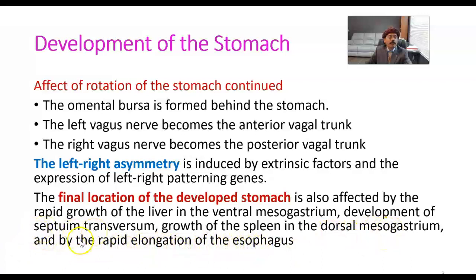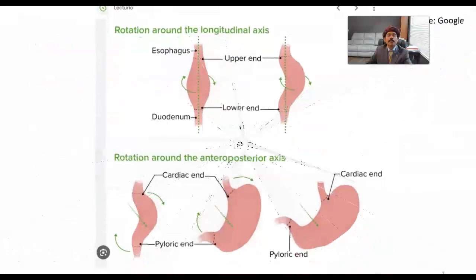The septum transversum is a mesenchymal block between the pericardial cavity and the peritoneal cavity. So we got the growth of the spleen in the dorsal mesogastrium and the rapid elongation of the esophagus.